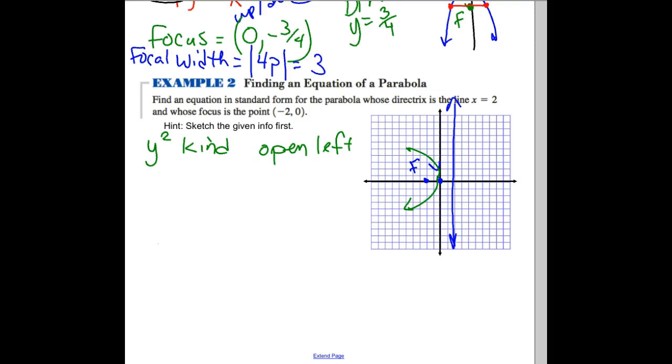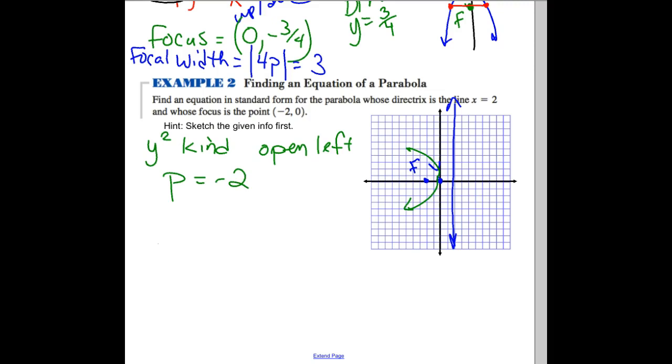What is the directed distance from vertex to focus? How many spaces did we go and in what direction? Positive or negative? We went 2 in a negative direction, right? From vertex we went to the left. Okay, so we know that p has to be negative 2. That's the directed distance from vertex to focus.